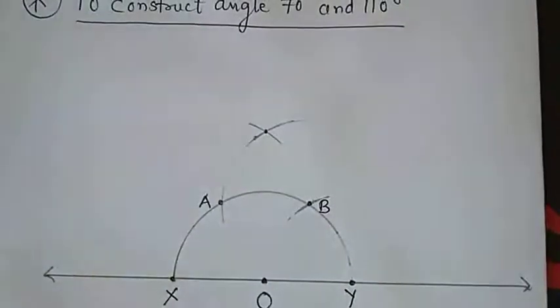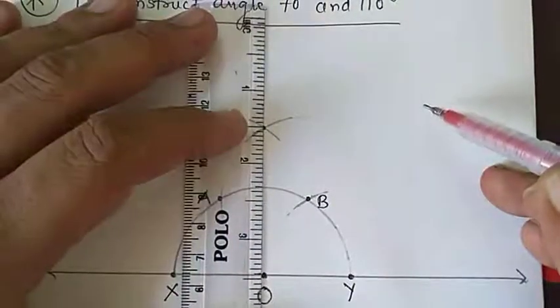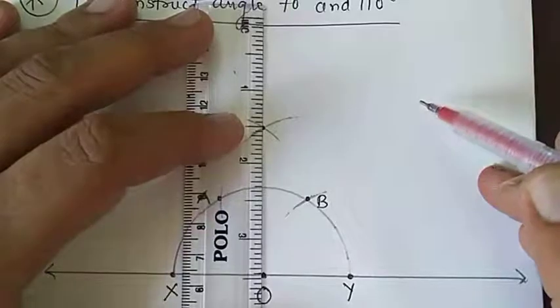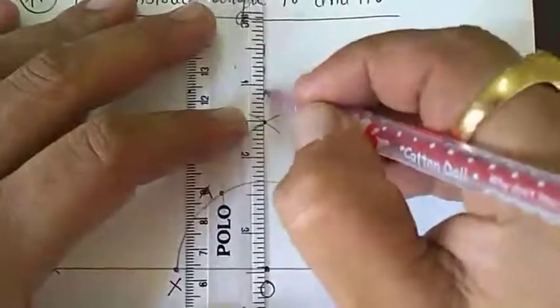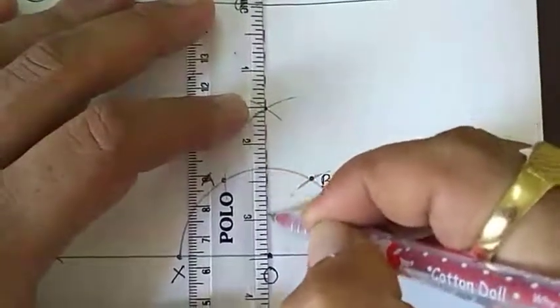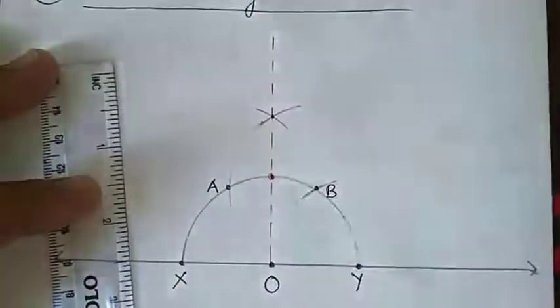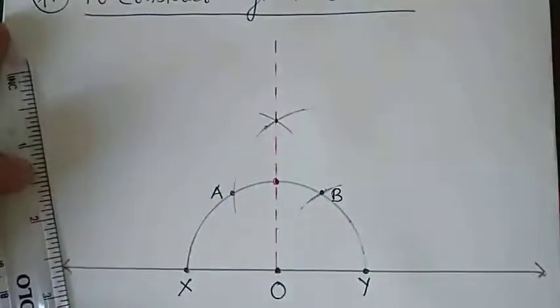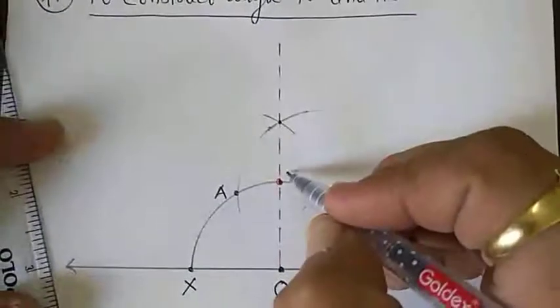With the help of ruler and scale, we will exactly join these 2 points by making a ray. I am using red pen to differentiate it, and mark a point over here. Clear? This will be named as C.